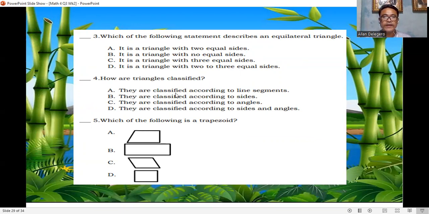A, they are classified according to line segments. B, according to sides. C, according to angles. D, according to sides and angles. 5, which of the following is a trapezoid? A, B, C, D.